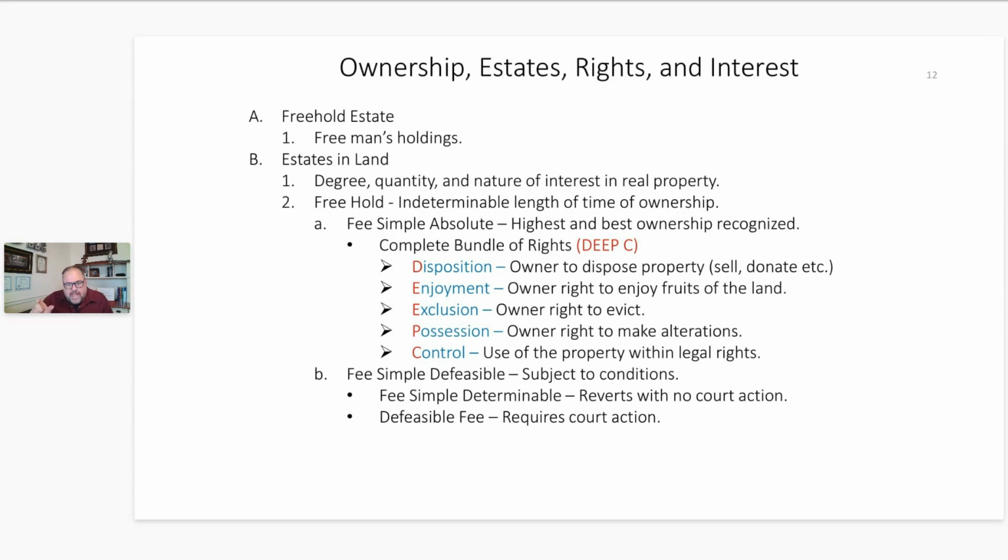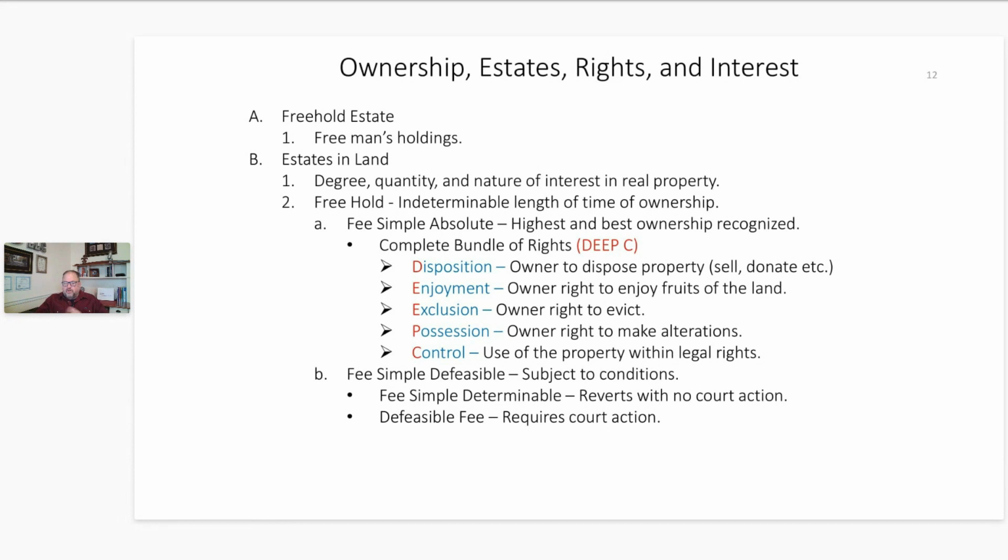I like to use the acronym Deep C. Deep C is a great acronym that covers disposition, enjoyment, exclusion, possession, and control. So disposition means I can dispose of the property. Remember in your studies, when it comes to transfer of property, what is the person called who transfers the deed? Can someone type that in?